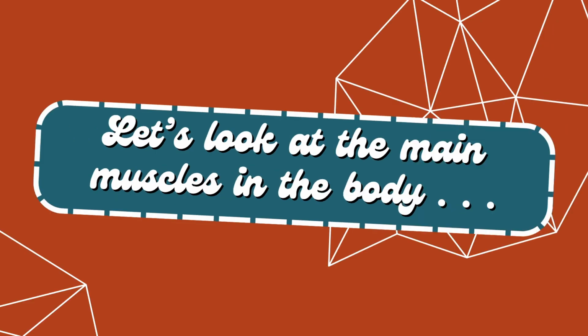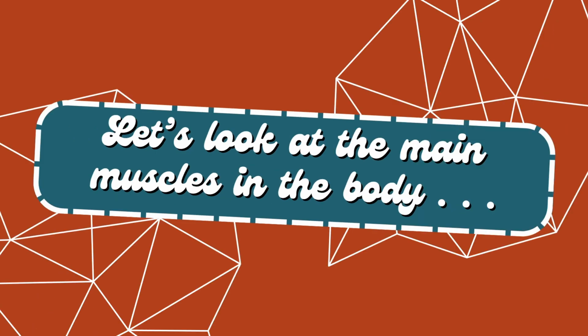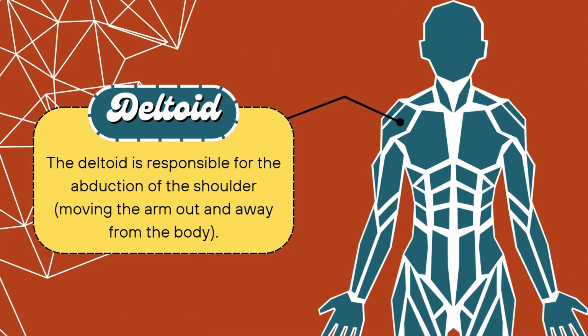Yeah. So now let's look at the main muscles in the body. First you can see deltoids. The deltoids are called deltoids for a funny reason, and that's the Greek word delta.